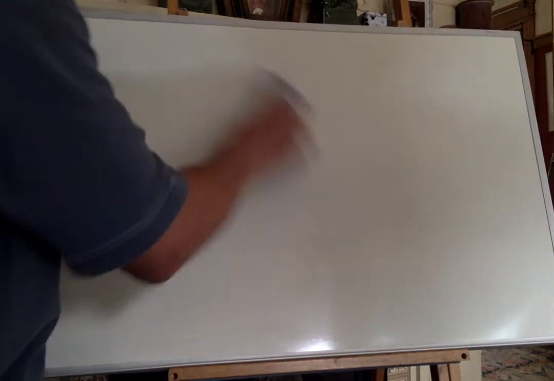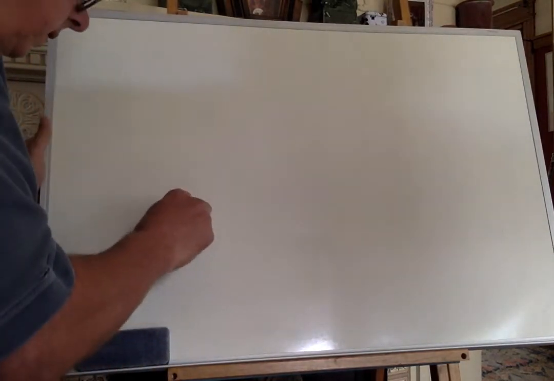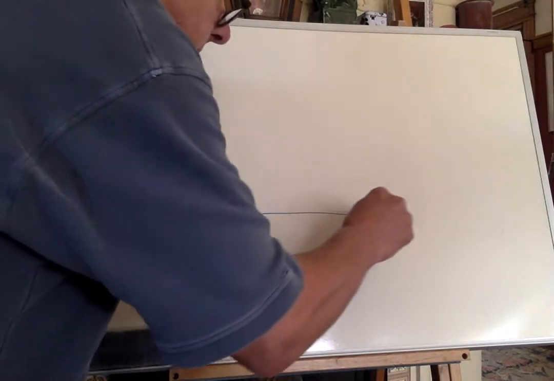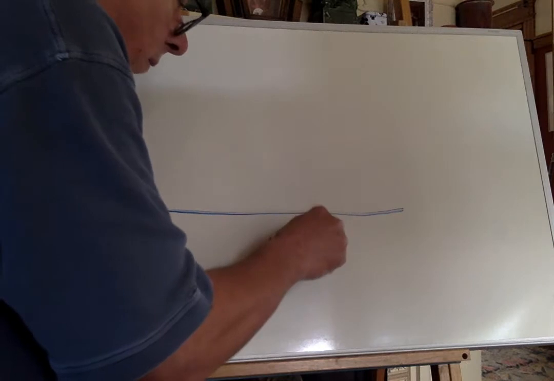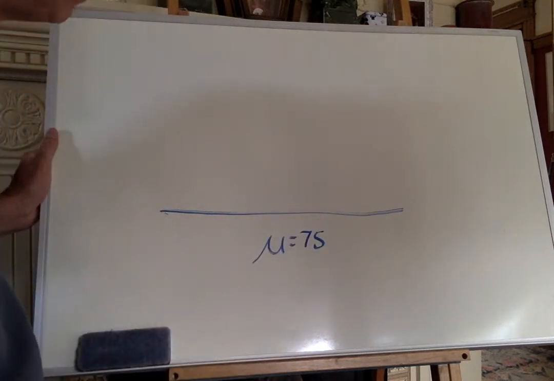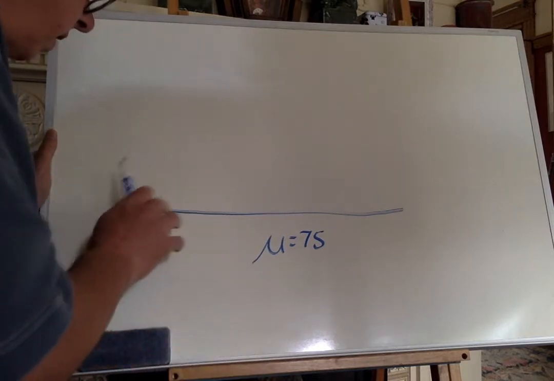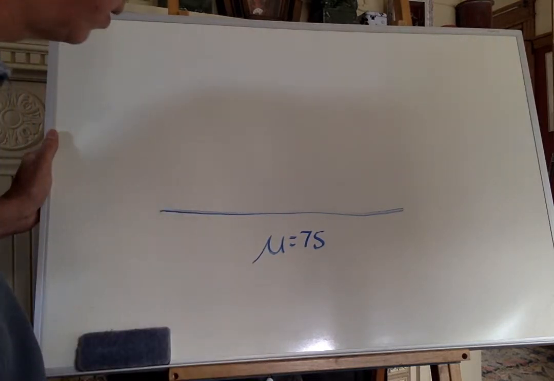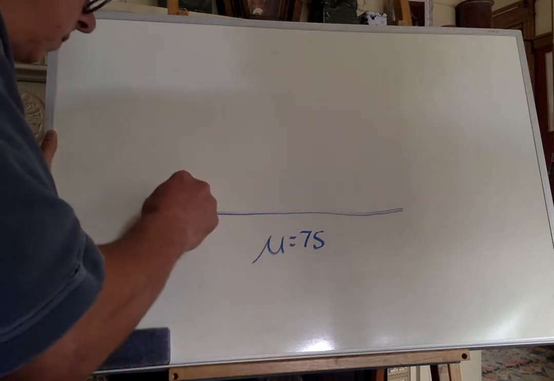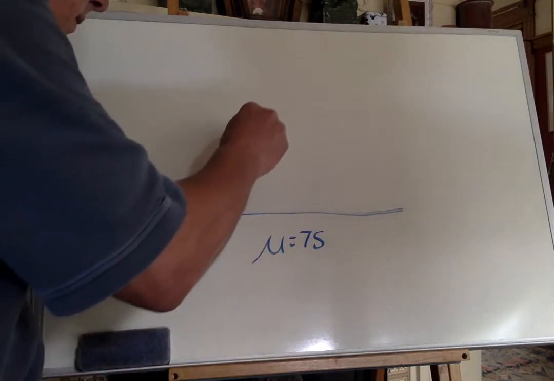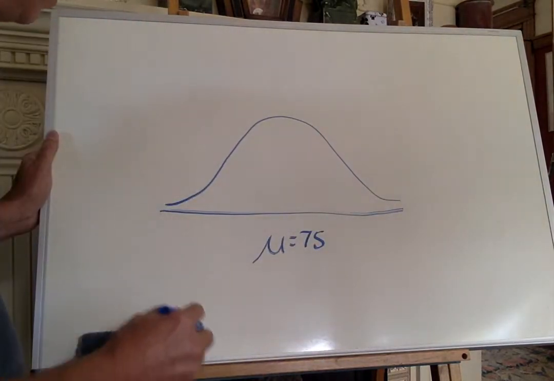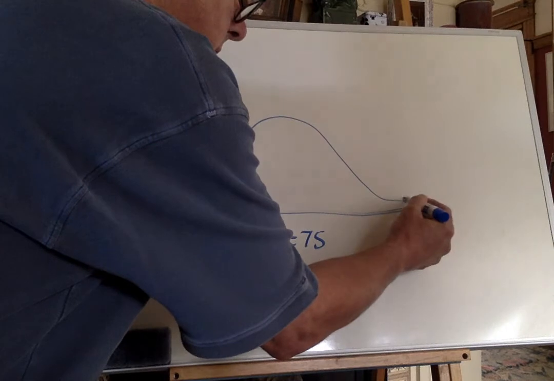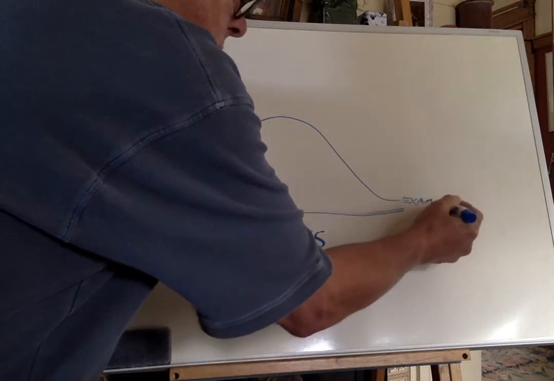So here's what it would look like in graphic form, right? For both exam 1 and exam 3, the mean is 75. And I'm going to assume that we have a normal distribution. So let's make this represent exam 1.